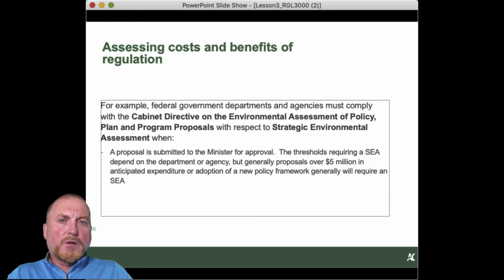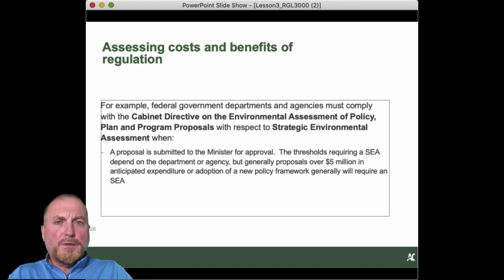We're also going to be looking at assessing costs and benefits from the point of view of strategic environmental assessment, which is a different criteria. Remember, in the first lesson, I talked to you about how in Europe they are implementing a lot of the regulatory impact analysis and integrating the impact analyses, to combine what we call our RIAS and our SEA into one thing.